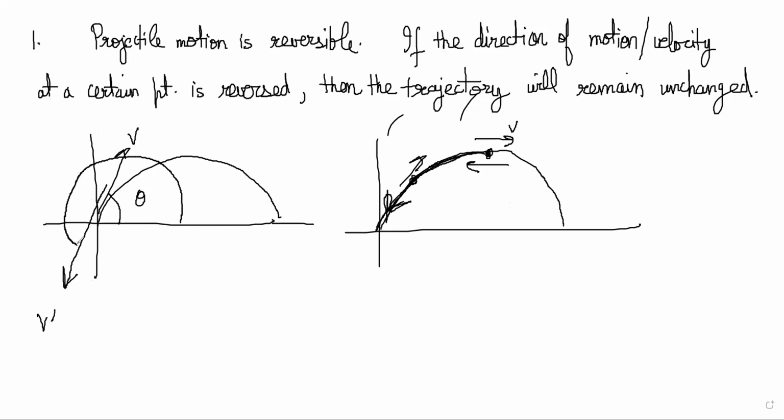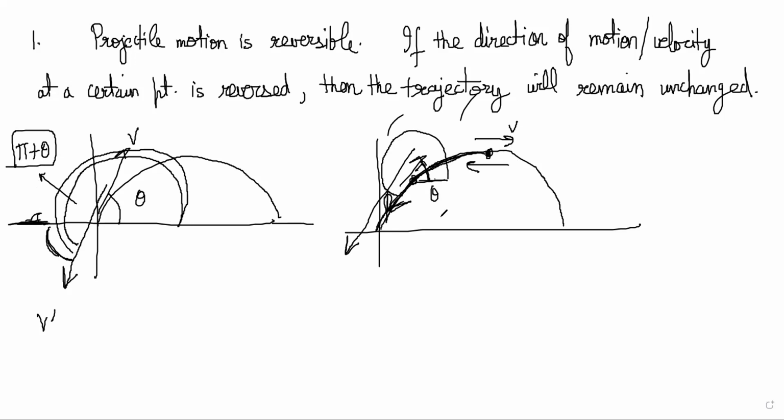This angle with the x-axis is basically pi plus theta, because pi is 180 till here, and then theta extra here. So at any point, if you reverse the direction of its velocity, suppose the angle with the x-axis was theta, you have suddenly made it like this, so you have replaced theta with pi plus theta.